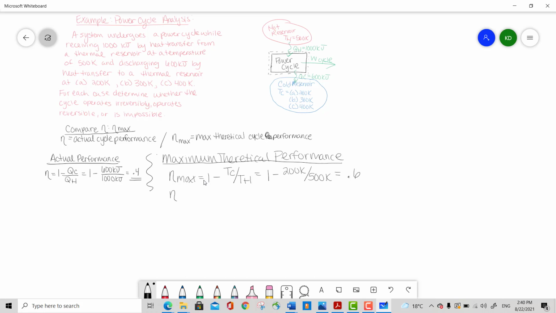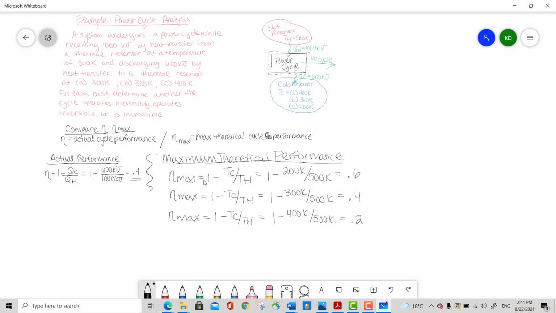And then N max equals 1 minus TC over TH again, which equals 1 minus 300 Kelvin over 500 Kelvin, which equals 0.4. And then N max equals 1 minus TC over TH, which is 1 minus 400 Kelvin over 500 Kelvin equals 0.2.